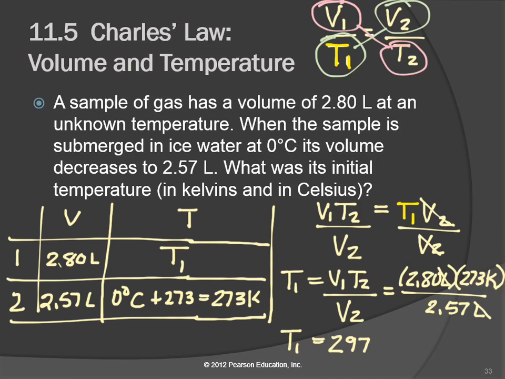What's the unit on that? Kelvin. Question also asks for the temperature in Celsius. So I'm going to take 297 and subtract 273. That equals 24 degrees Celsius.